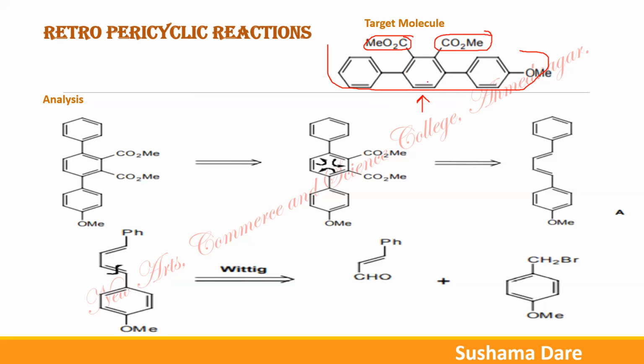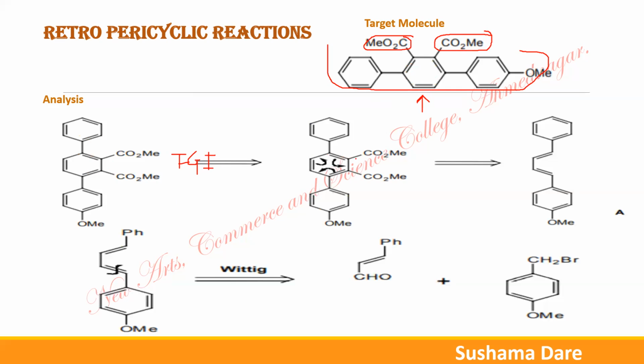But as it is an aromatic ring, our first duty is, what we had to do? We had to do the FGI for this. So first our duty is to remove the double bonds and do the FGI. That is, the aromatic nature we have to remove first of all.